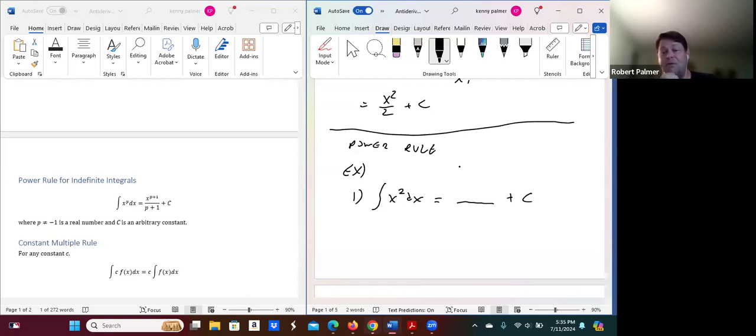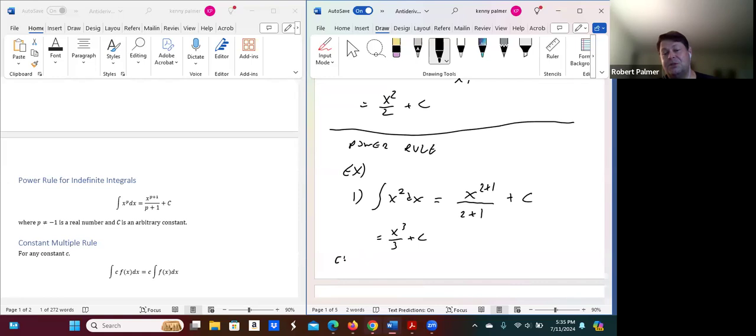So here, we have to increase the power by 1. So there's going to be x cubed. And basically, we have to put this new power here. So actually, let me do it the same way here. So this is going to be 2 plus 1, our new power. We're adding 1. For the derivative, we subtract 1. And doing the opposite of that, we add 1. And then we have 2 plus 1 down here. And of course, that's just going to be x cubed over 3 plus c.